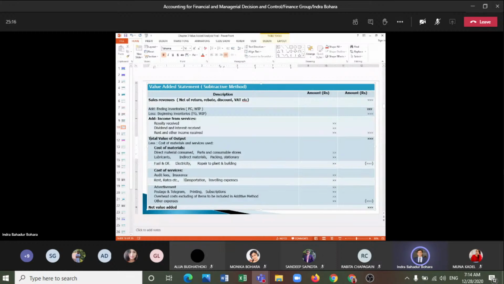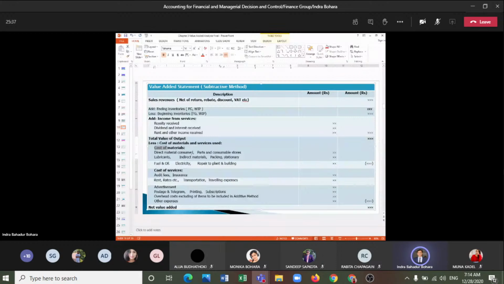Then we deduct the cost of materials and services. We deduct cost of material and services, which I have shown you by categorizing into two headings as cost of material and services, or you can write cost of material and service without classifying into two groups as cost of material and cost of services.